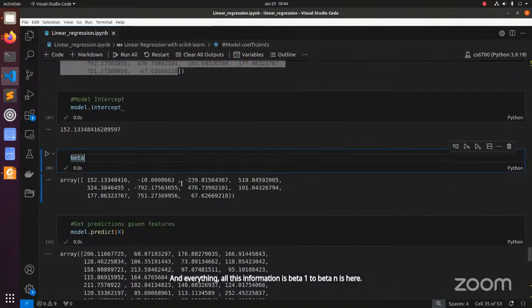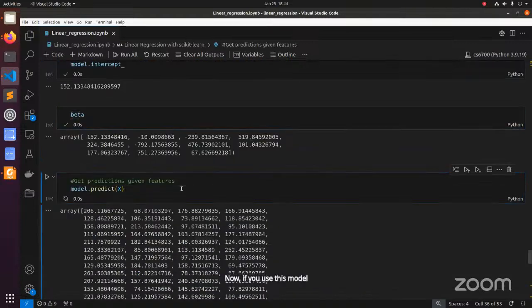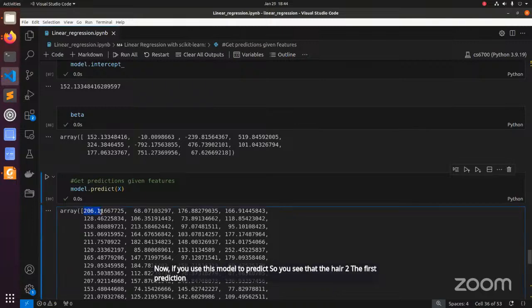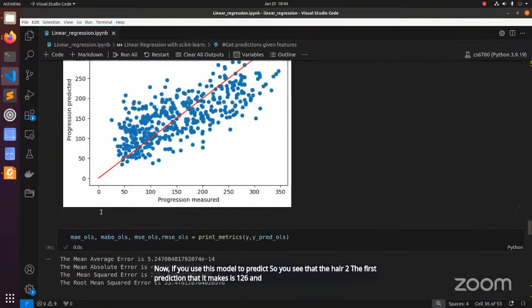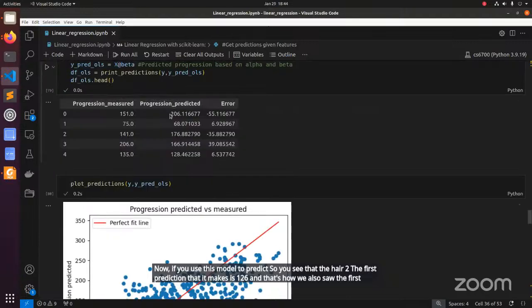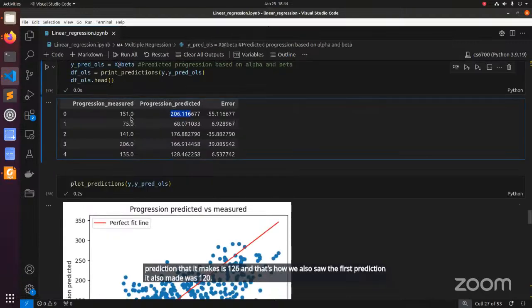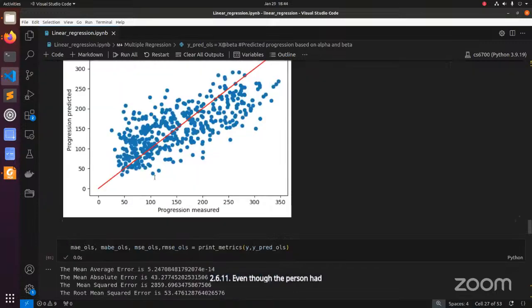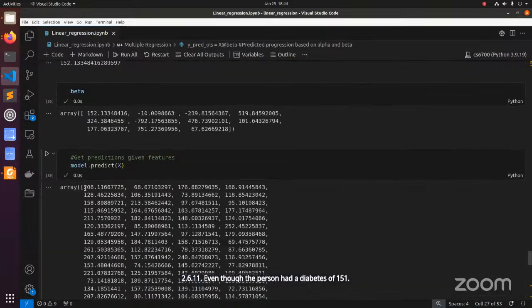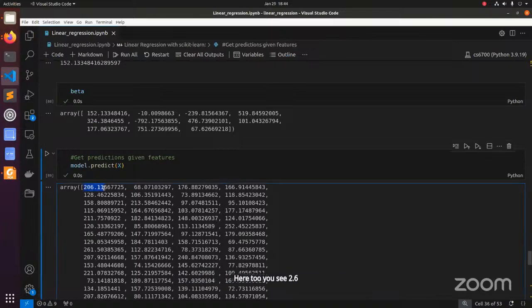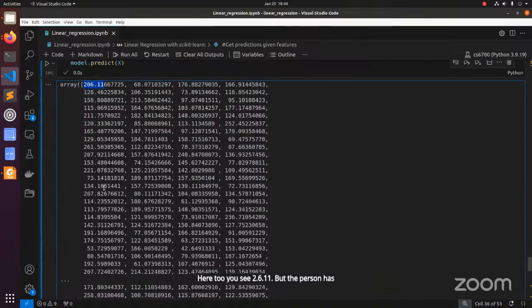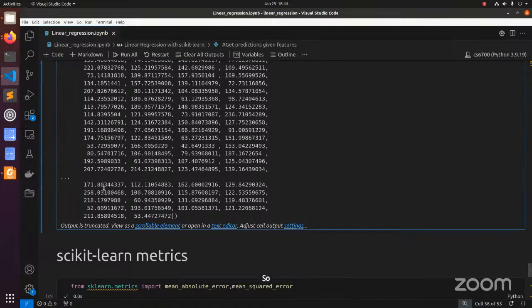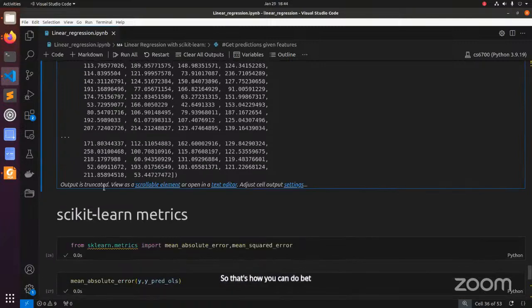Now if you use this model to predict, you see that here too, the first prediction it makes is 206.11, even though the person had a diabetes of 151. That's how we also saw the first prediction earlier. So that's how you can do beta naught and beta prediction.